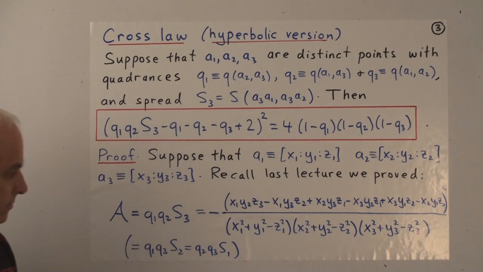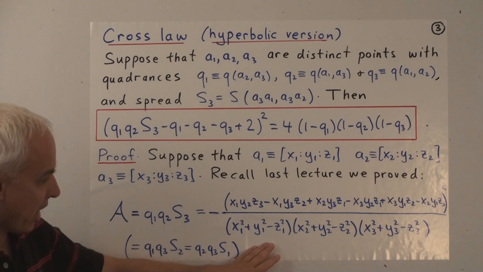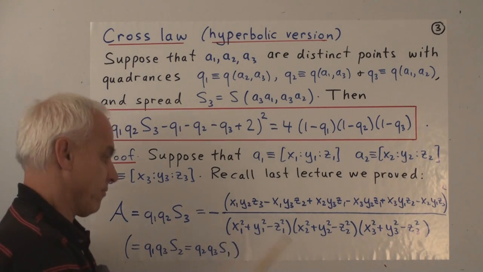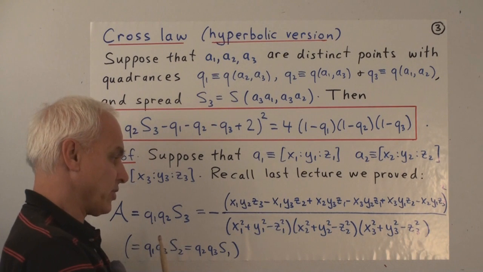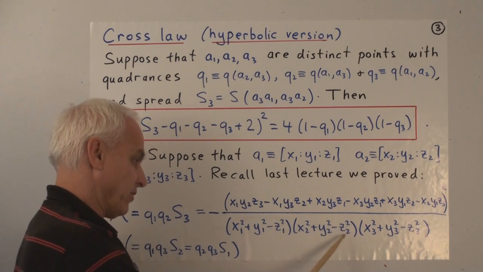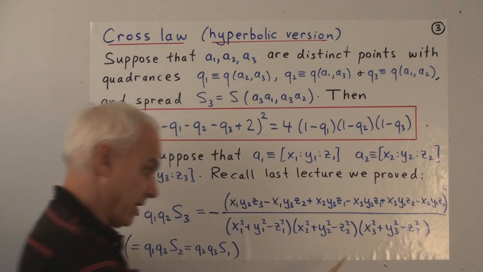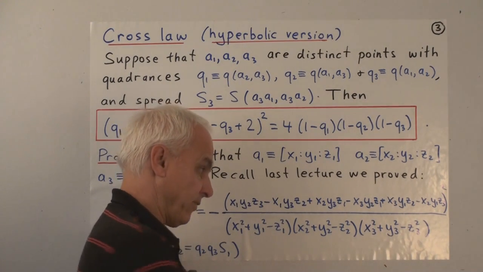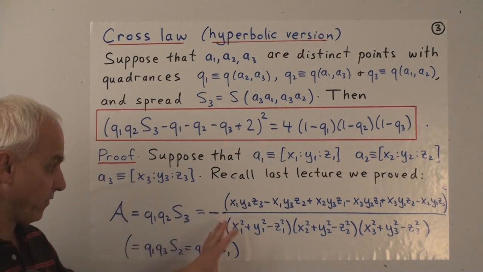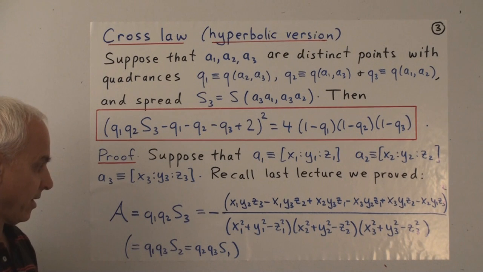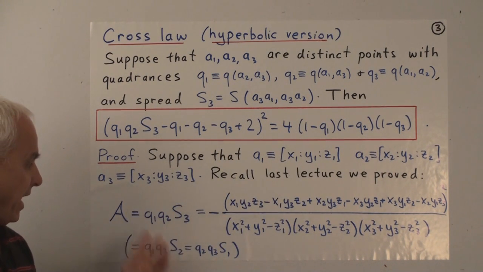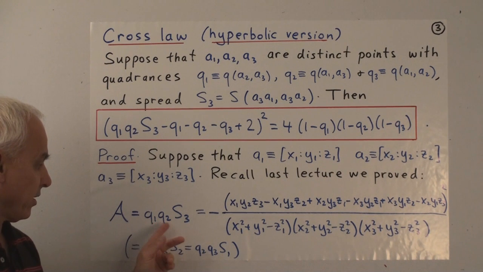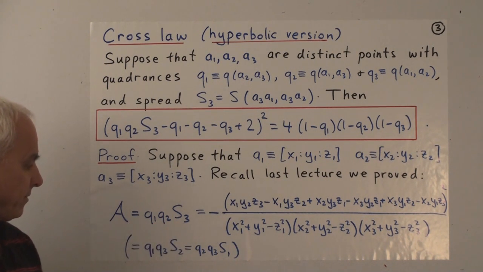In the denominator, the three relatively familiar terms: x1 squared plus y1 squared minus z1 squared times x2 squared plus y2 squared minus z2 squared times x3 squared plus y3 squared minus z3 squared. So we proved this relation between the 9 quantities and this particular product Q1, Q2 times S3.